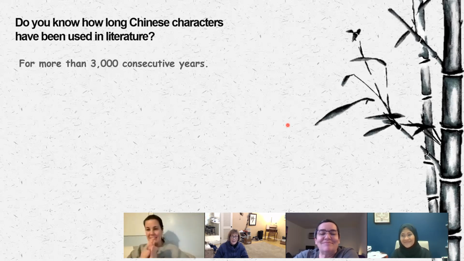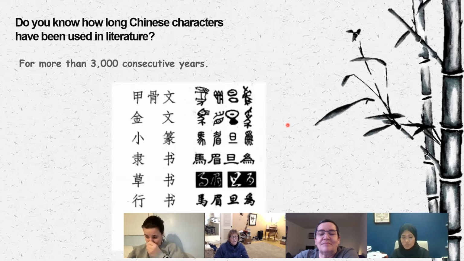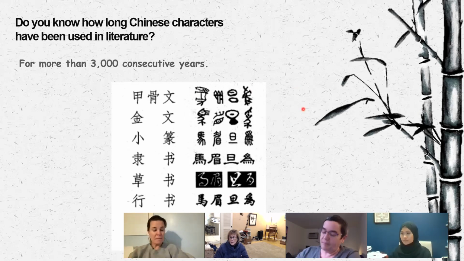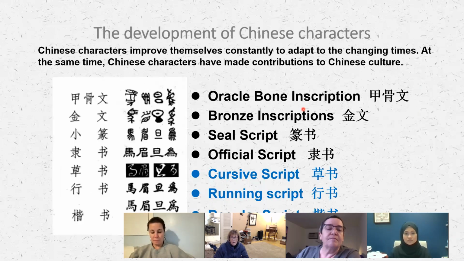Yeah, bingo. They have existed for more than 3,000 consecutive years, and there are 7 forms of these characters. Gradually some became Chinese calligraphies. So let's see it one by one.